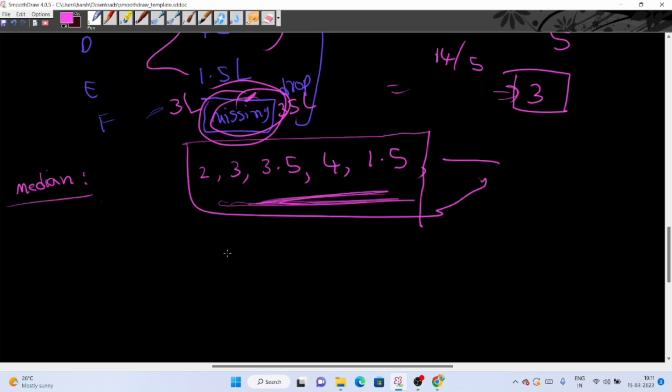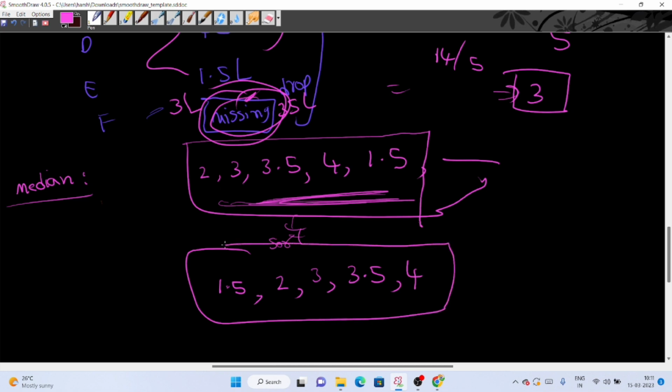The first step is to sort them, so maybe I can sort it like 1.5, then 2, then 3, then 3.5, and then 4.